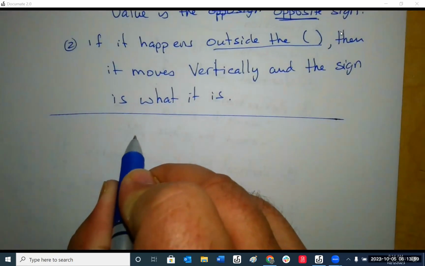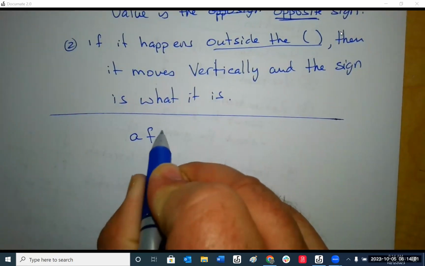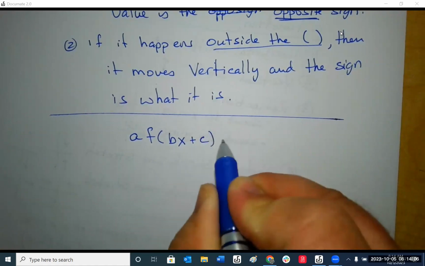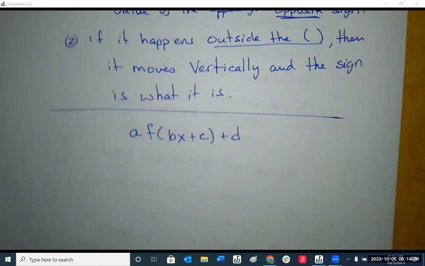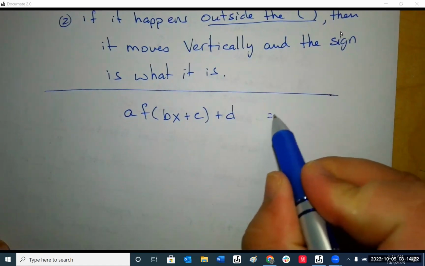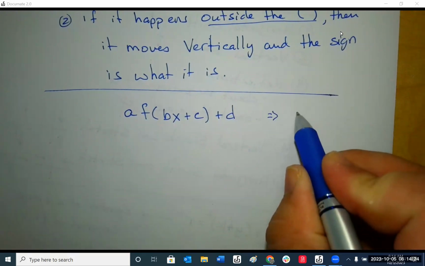Let me show you what a function looks like. We'll be using this format the entire time. This is a function. For example, it could look like something like this.